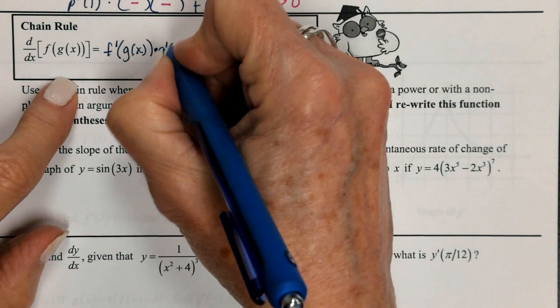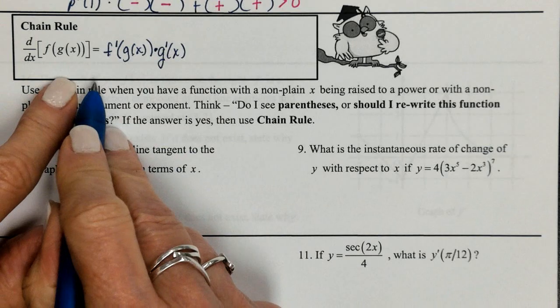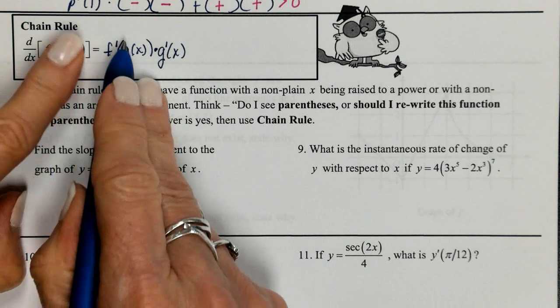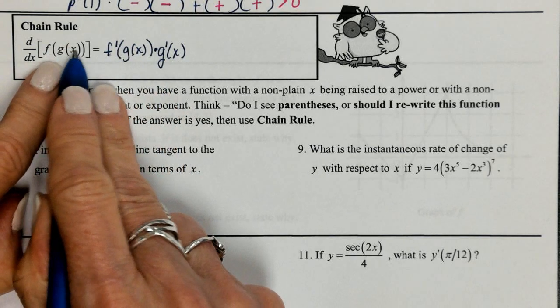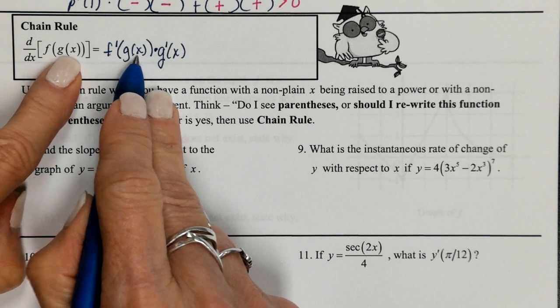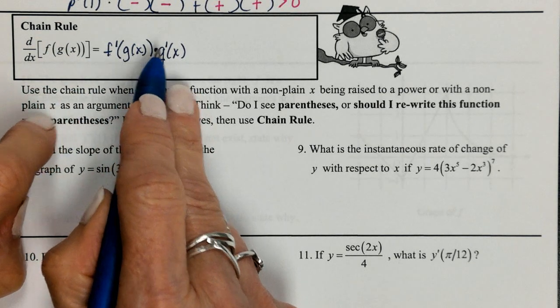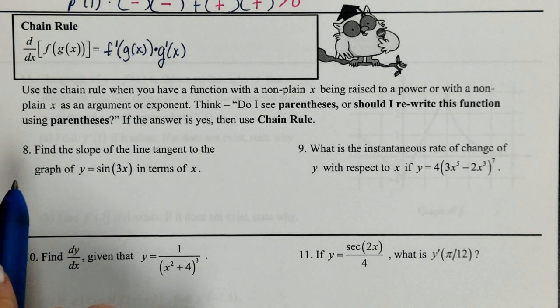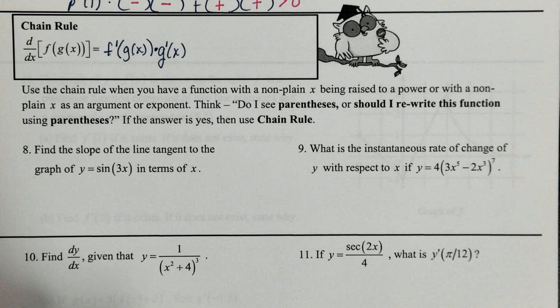So f prime of g, times g prime. The derivative of the outside, whatever was inside stays inside. And then you multiply by the derivative of the inside. So I always like to tell kids the last thing you do is take the derivative of the inside. Okay? Let's do some examples.